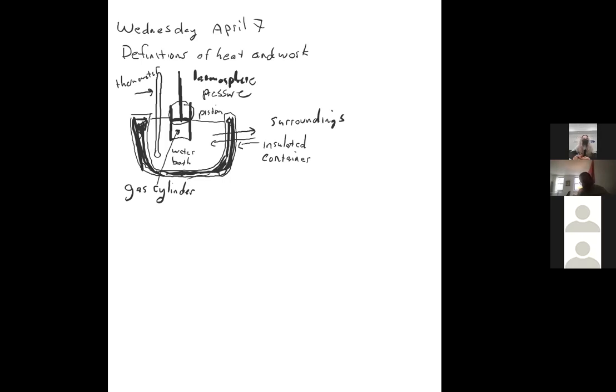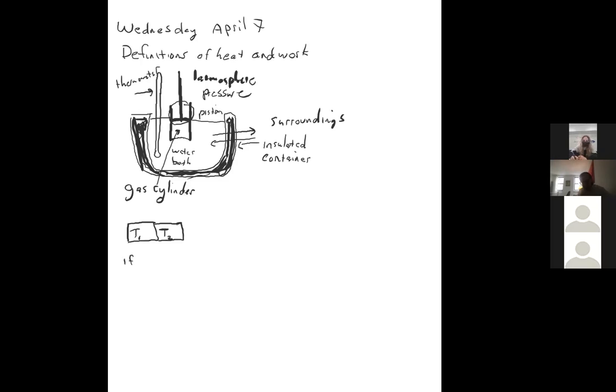So here's what happens. When you have two objects that are at different temperatures and they're in contact with each other. So what I'm going to do is I'm going to say this is at a temperature I'll call T1. And this is at T2.